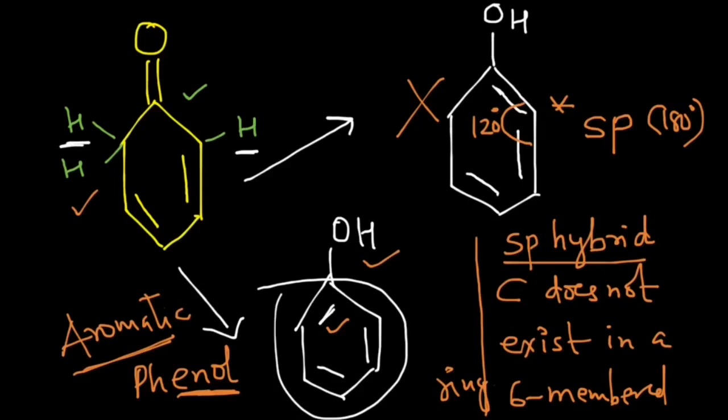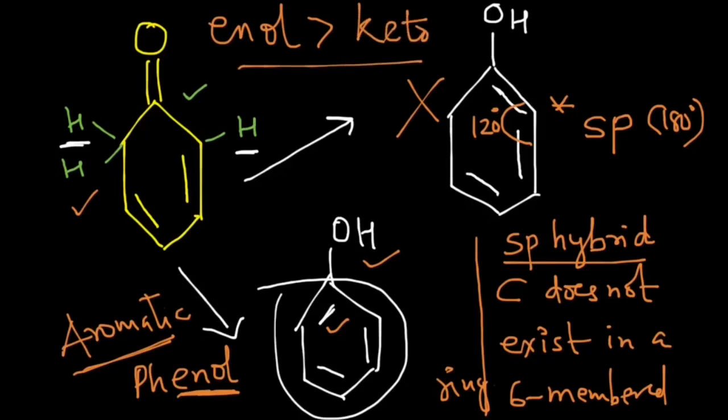So this aromatic behavior adds so much stability that in this case the enolic form becomes more stable than the keto form. Generally, the keto form is more stable than the enol form, but if there is added stability like due to aromaticity, the enol form will become more stable.